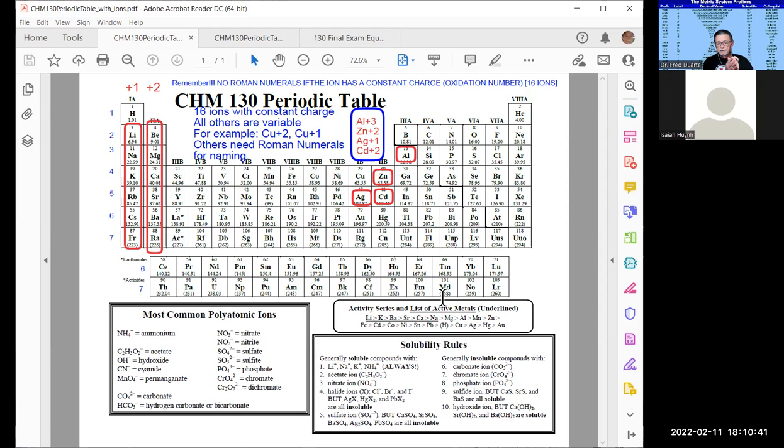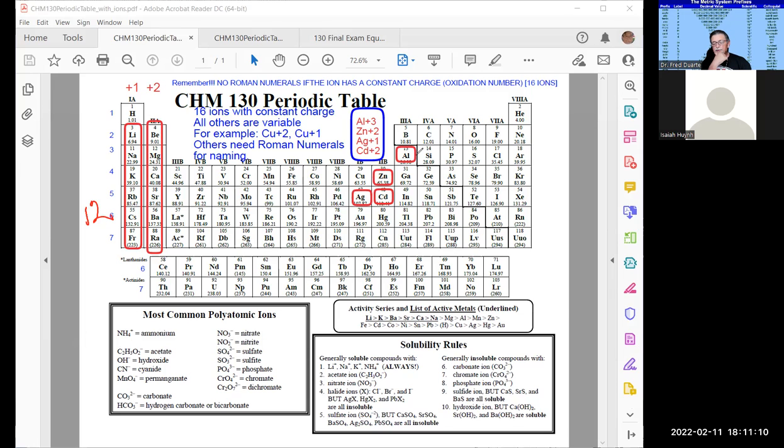Okay, so we got 1, 2, 3, 4, 5, 6. We have 12 examples of elements that we know 100% of the time what their particular charge will be when they become ions. And then we add 4 more that are always 100%, and those are circled.